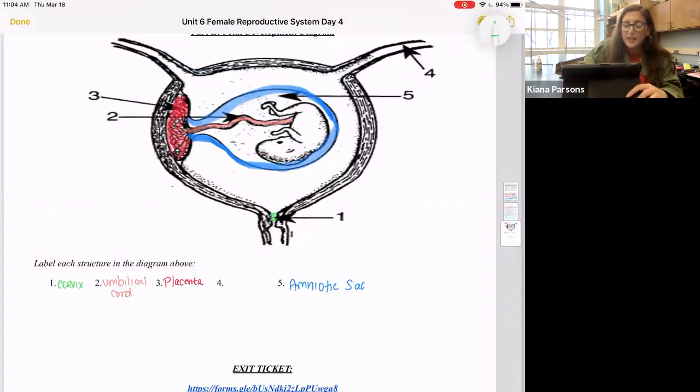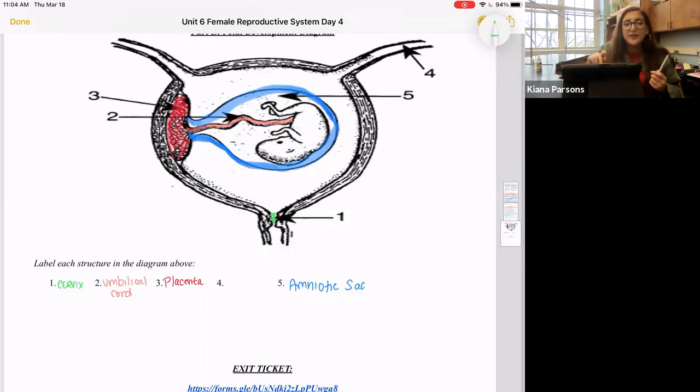But during pregnancy, a mucus plug forms in the cervix that is antibacterial and protects the developing baby from anything that could harm it, that could come in from the outside, right? That could enter through the vaginal canal. That mucus plug will fall out right before the baby is about to be born, right? So the mucus plug falls out, the water breaks, and then labor is in process.